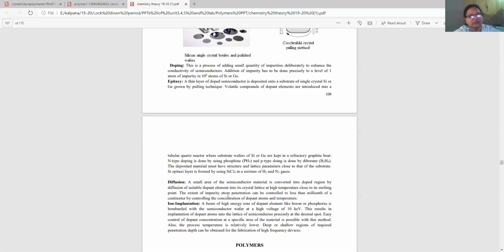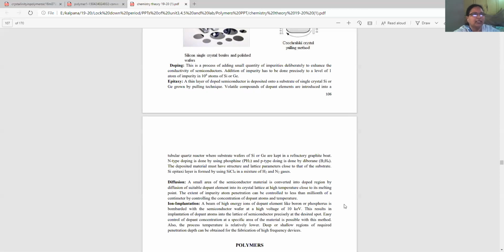The extent of impurity atom penetration can be controlled to less than a millionth of a centimeter by controlling the concentration of the dopant atoms and the temperature. So this diffusion process is very much influenced by the temperature and the concentration of the dopant atoms.